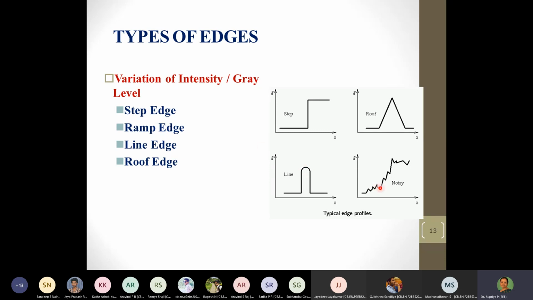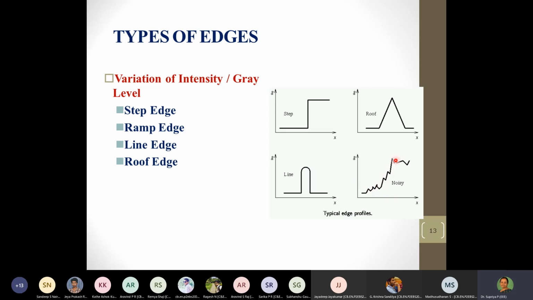And naturally, if any of these get added with noise, you would see that it is not at all clear. So it's difficult for you to say whether this is a step or whether this is a ramp. This is where the role of noise becomes very significant because we would like to identify whether it is a step, roof, definitely not a roof, maybe even a ramp because it could be like this also.